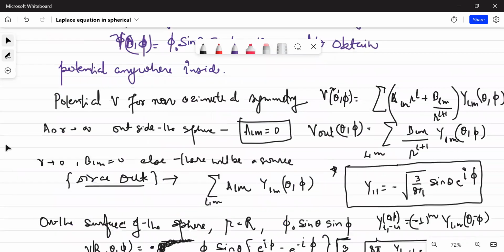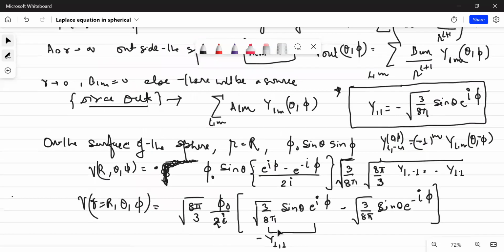So overall, understand this will be the case. If I just write this as minus y11, and here it is minus 1 1, what do you think it is? Is it not minus y1 minus 1? Is that clear?